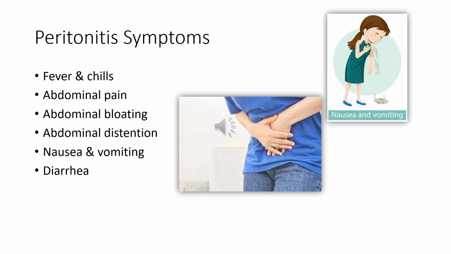The symptoms of peritonitis would be fever and chills, severe abdominal pain, some bloating, maybe a distension of the abdomen, nausea and vomiting, and diarrhea. But this is a life-threatening emergency which requires immediate medical care.